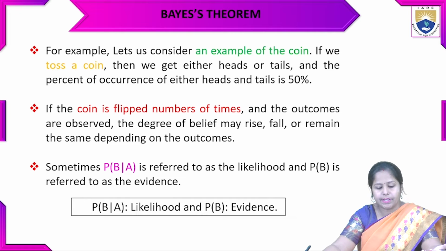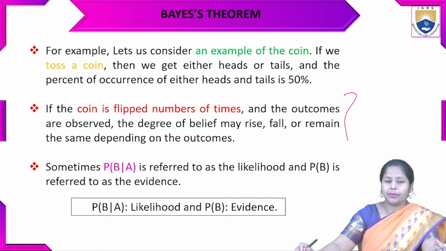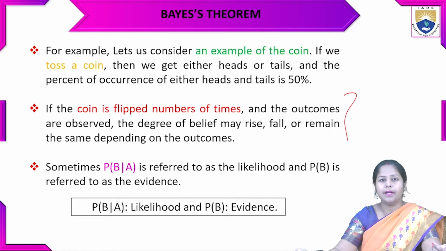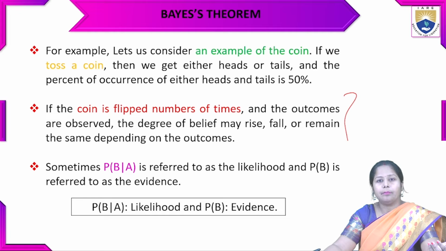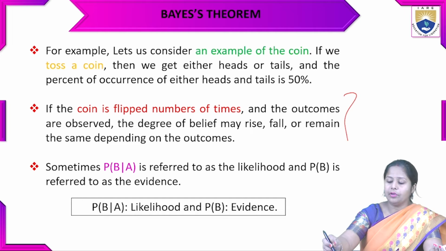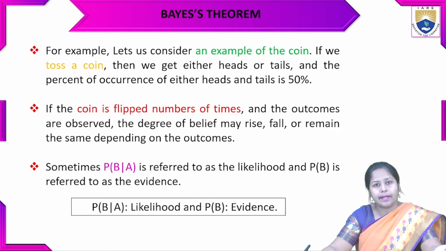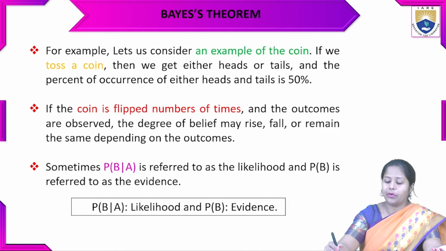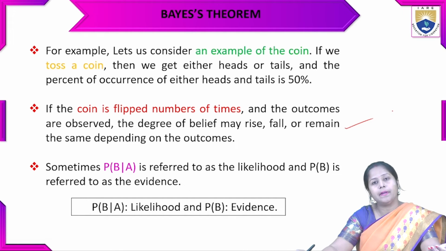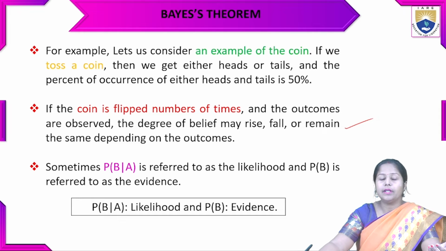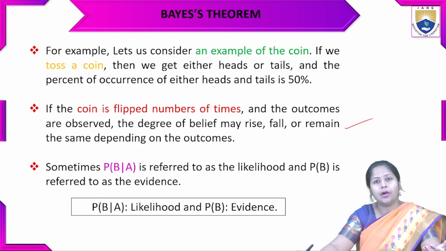If the coin is flipped a number of times, the outcome will be observed, and the degree of belief may arise, fall, or remain the same depending on the outcome. So it will depend on the occurrence, how many times head and tail come.